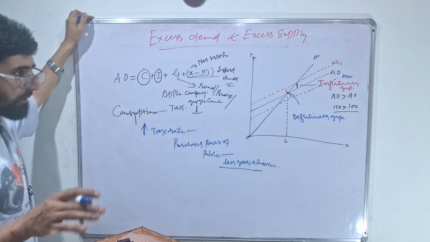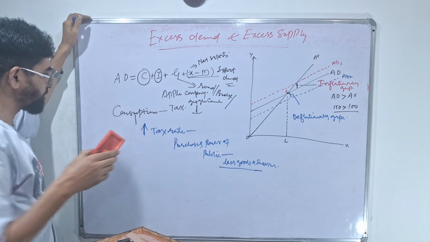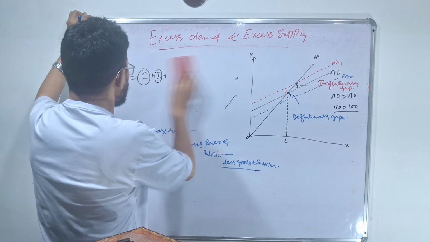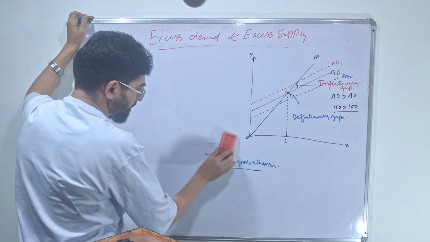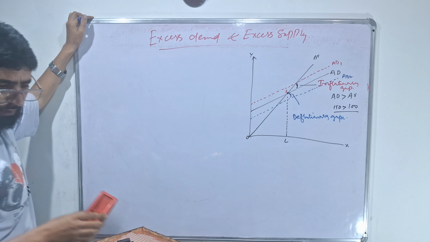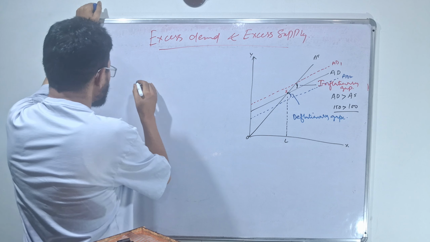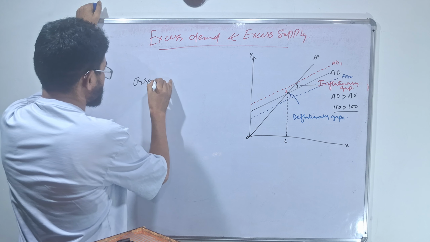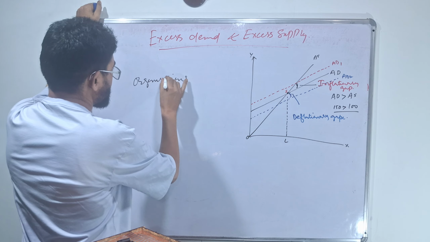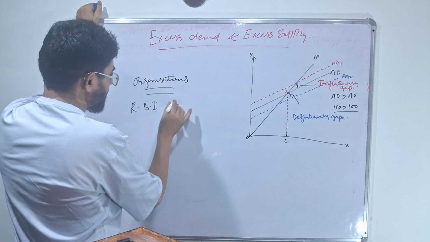How to correct this inflationary or deflationary gap in an economy? There are two organizations, RBI and government.